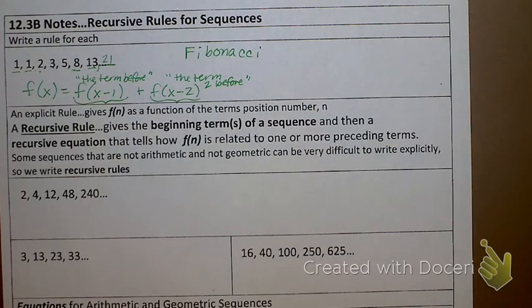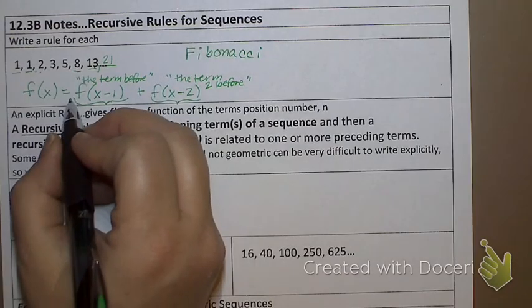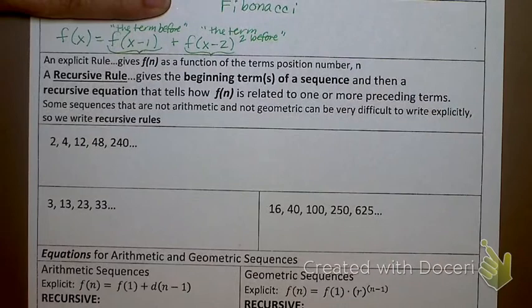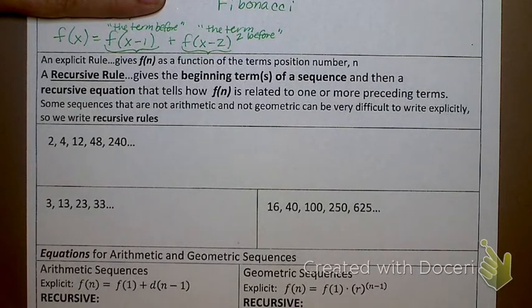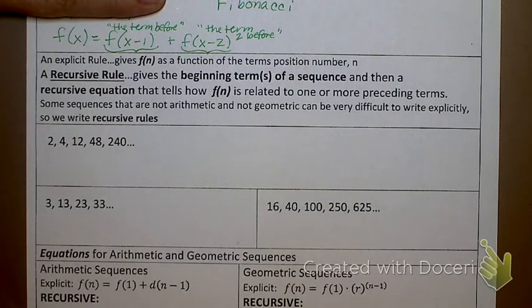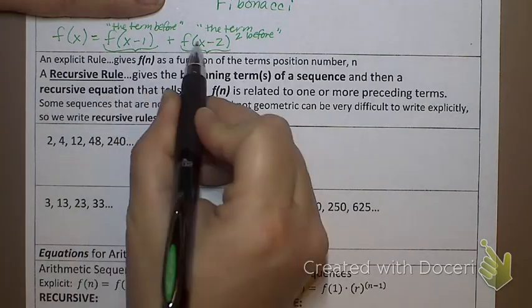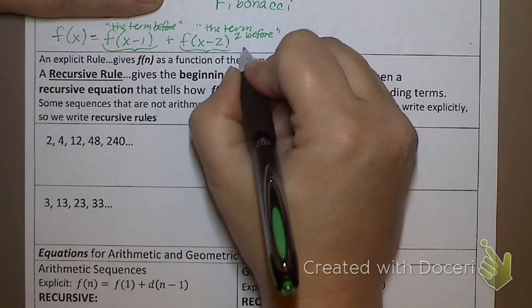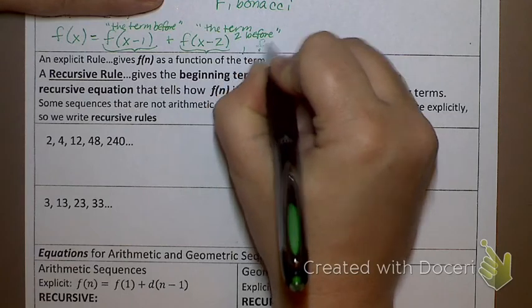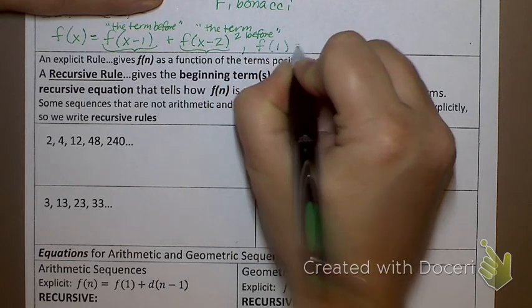Now, in order for a recursive rule to be complete, I can't just stop there. Because if I didn't have the sequence written there and I said, give me the first term of that sequence, how could you give me the first term of that sequence? You couldn't, could you? Even if I asked for the second term, you couldn't give it to me. Because it relies on previous terms, and it relies specifically on 2 previous terms, I have to give you 2 terms so that you can actually use my formula.